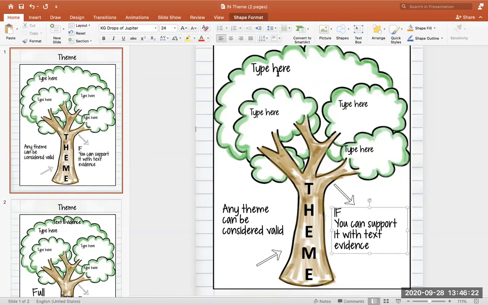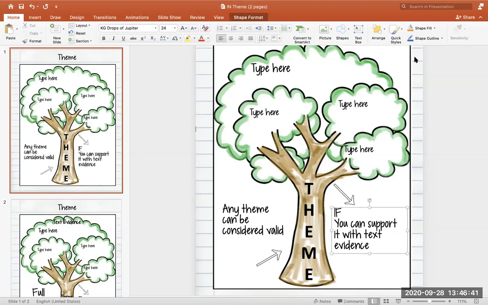So the first thing is, a theme is the truth or central idea a story reveals about life. And that's important that you understand that. It's about life. It's not necessarily about that story. You need to be able to apply your theme to life in general. So we're going to write that down.